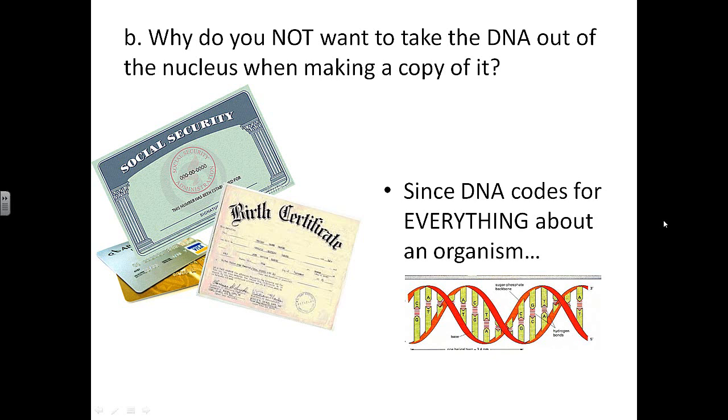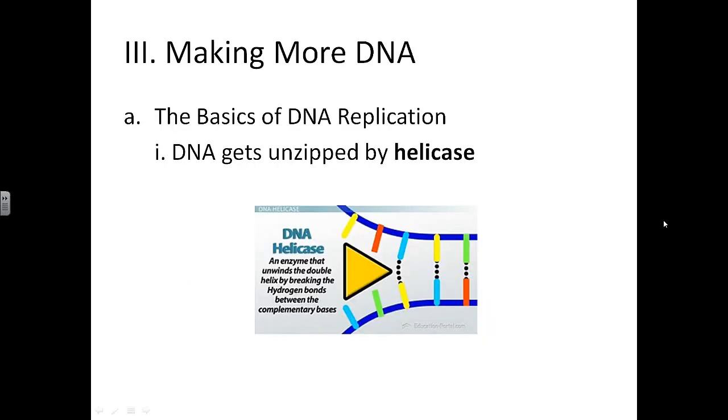And you would never want to take it outside of that box because if you did, there's a chance that somebody could actually steal it and mess it up. Similar idea within cells. Because DNA codes for everything, we don't want to take it out because we don't want to screw it up. When we need to make more DNA, there's a couple different steps.